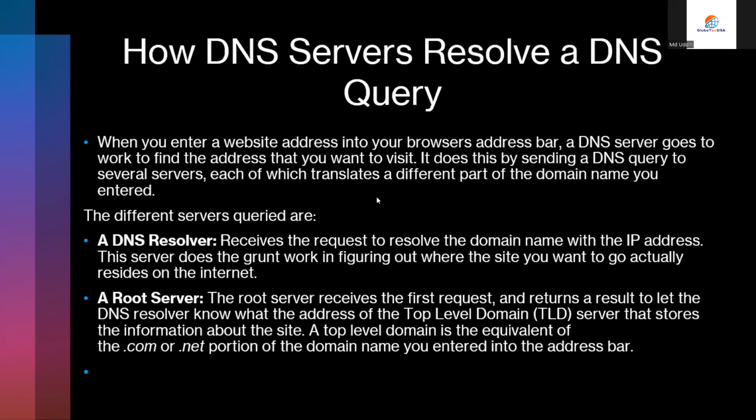When it sends the request to different servers, one server responds back to the DNS server that it has this name on its side, and other servers respond that they don't have it.